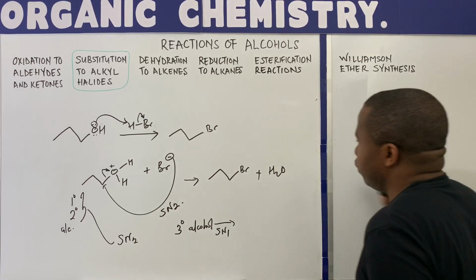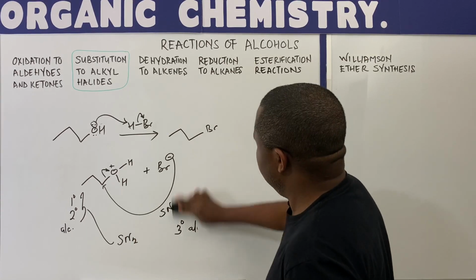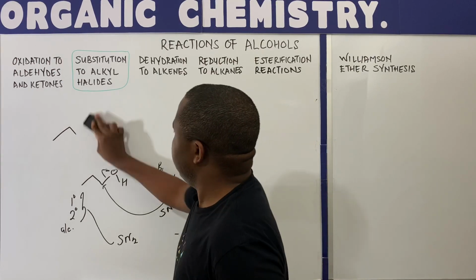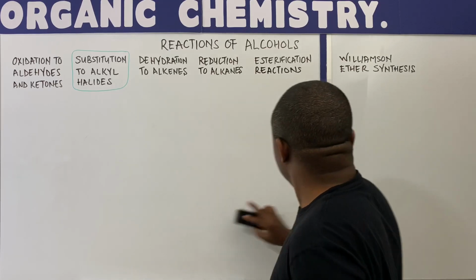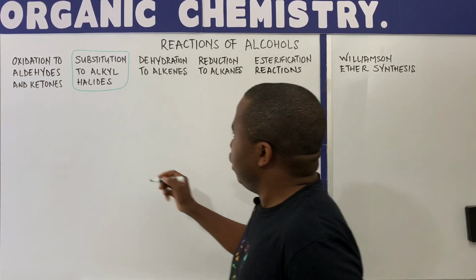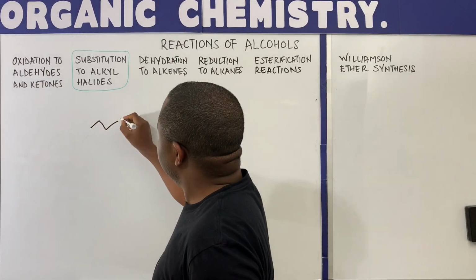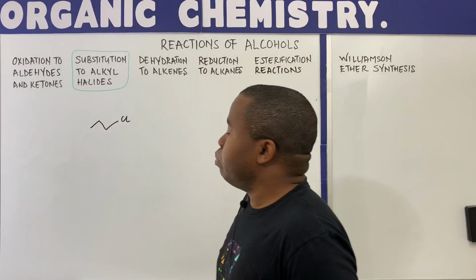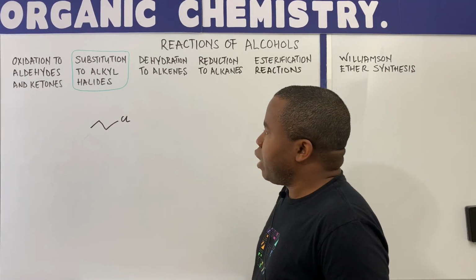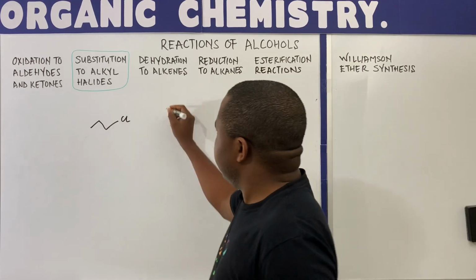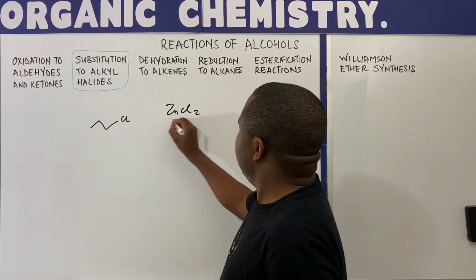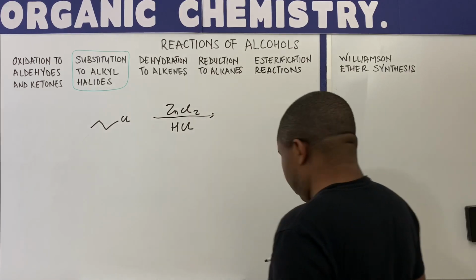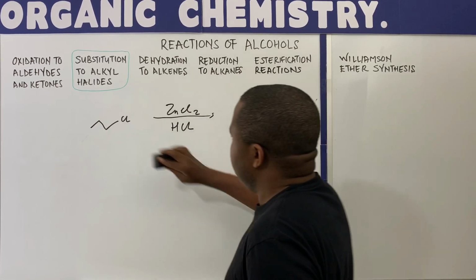One point to note is that if we are going to form an alkyl chloride, say something like this, from an alcohol, we're probably going to be using zinc chloride together with the HCl, so that it can make our OH a good leaving group.